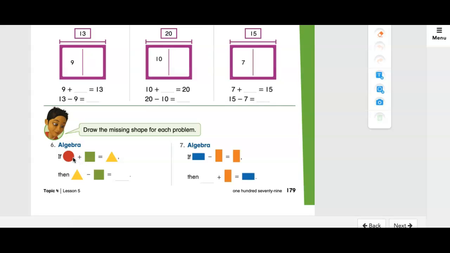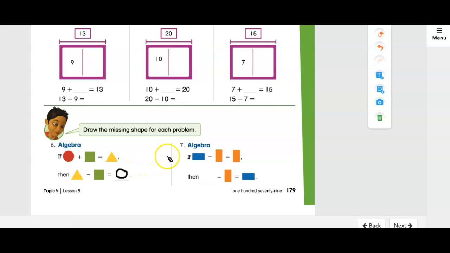There was a circle, a square, and a triangle, and now there is a triangle and a square. So what shape is missing? The shape that is missing on number 6 is the red circle. So we would draw a circle in the blank on number 6.